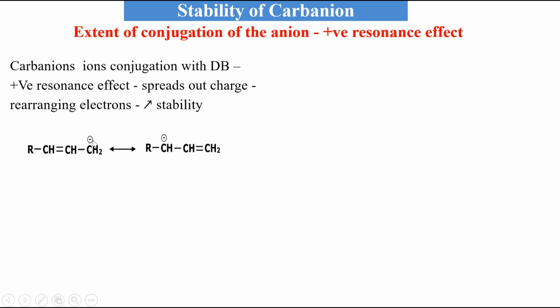These electrons are moved onto the next carbon. A double bond is formed over here. Once the double bond is formed, this carbon has to maintain its tetravalency. So the pi electrons move onto the next carbon, and this carbon becomes electron rich.